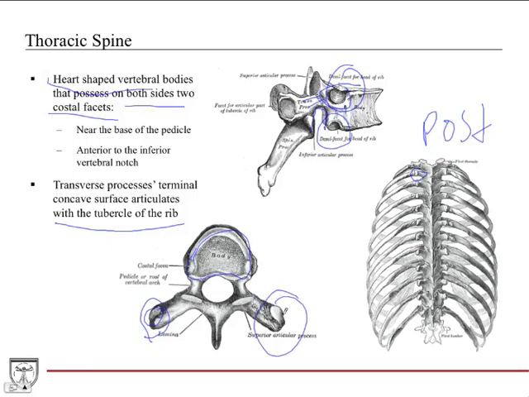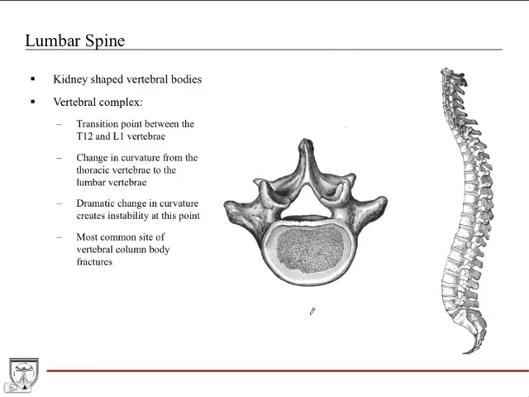So the rib extends out from these facets directly on the vertebral body, and it also articulates on the transverse process. So a rib has two articulation points with the vertebrae.